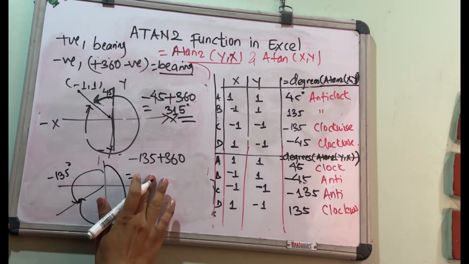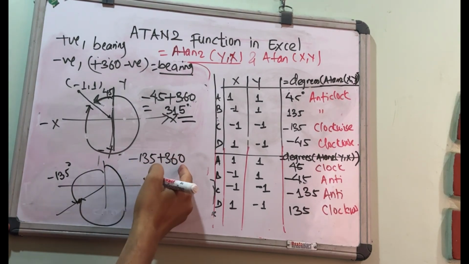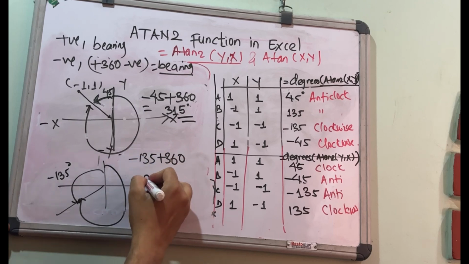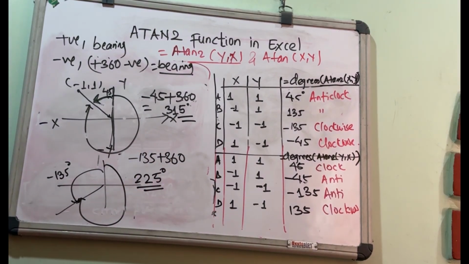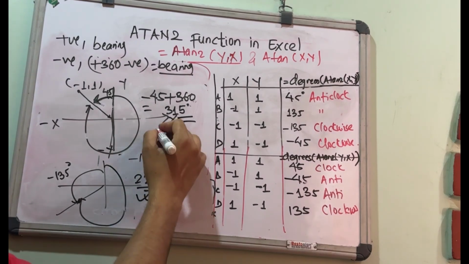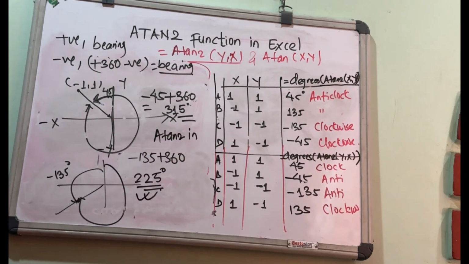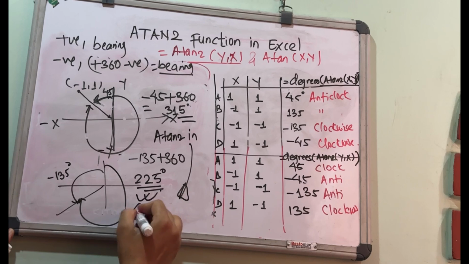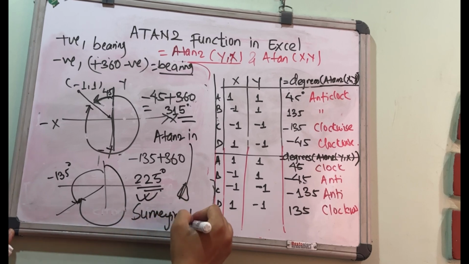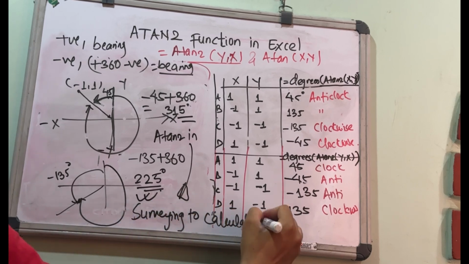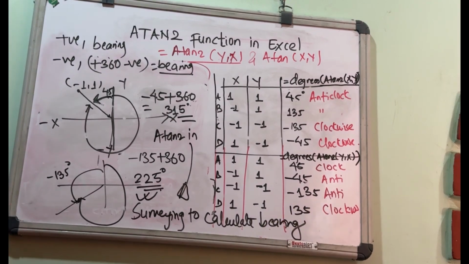So you can easily calculate this value and get the true bearing. Is it okay? So this is how you can use the ATAN2 function in Excel and use that function in surveying so as to calculate the bearing considering all the quadrants.